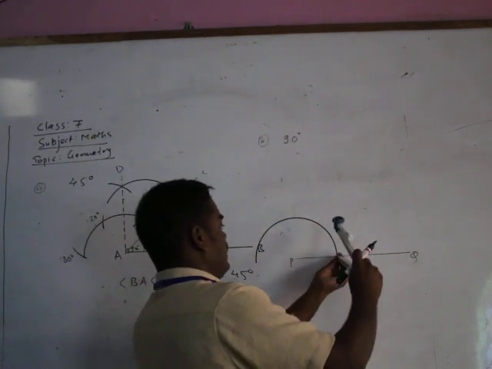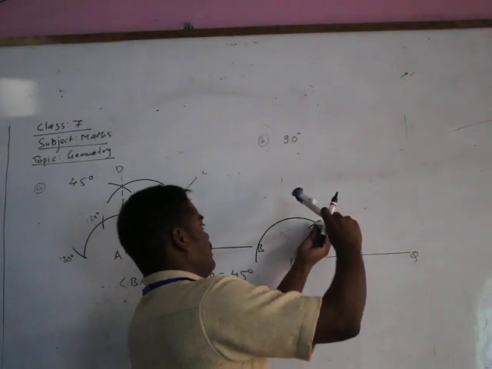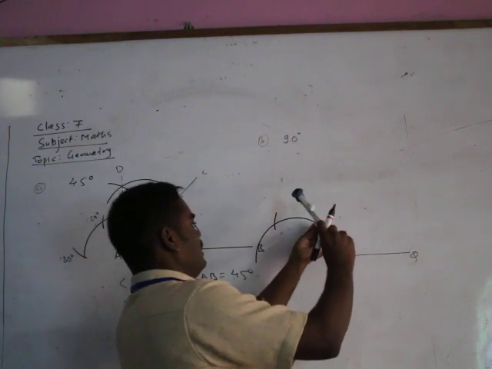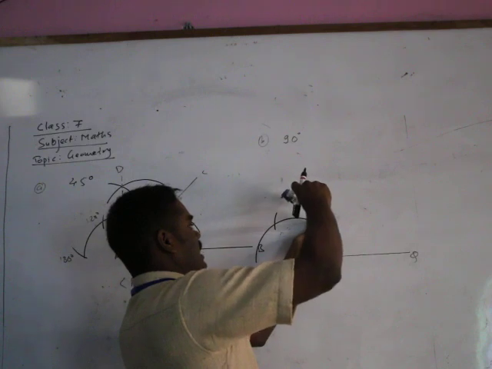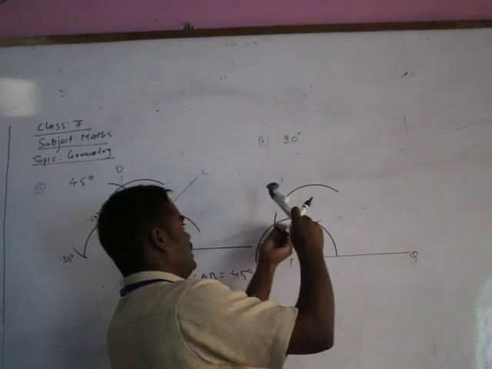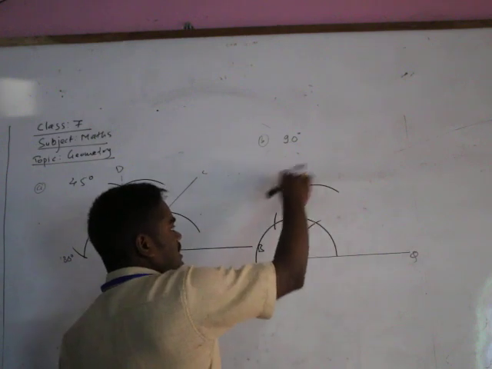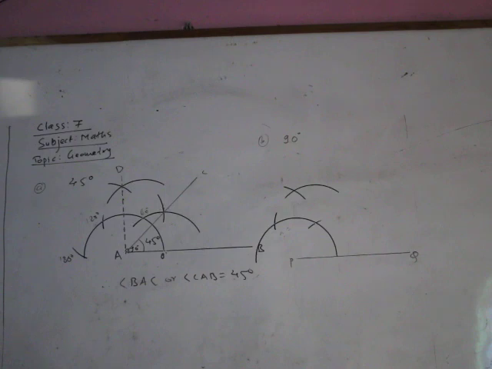Then from 0 degree mark 60 degree, again from 60 degree mark 120 degree, drawing the arcs like this. The intersection of both arcs is the angle point, 90 degree.